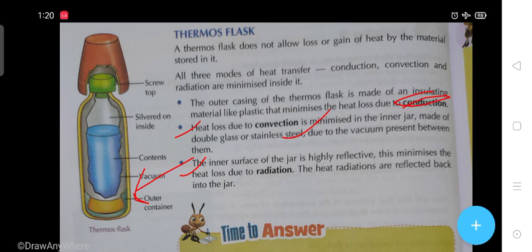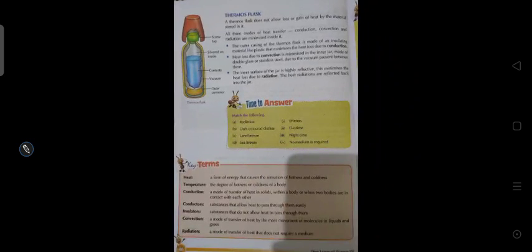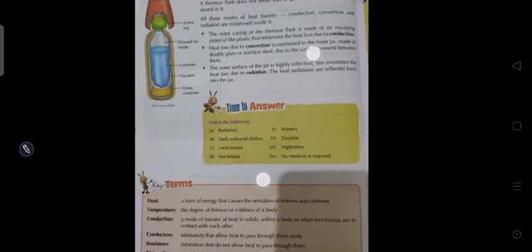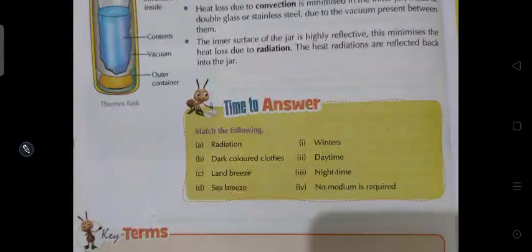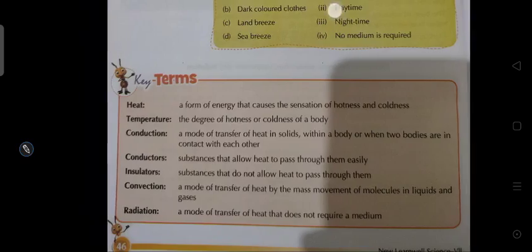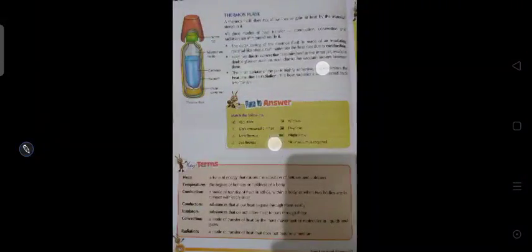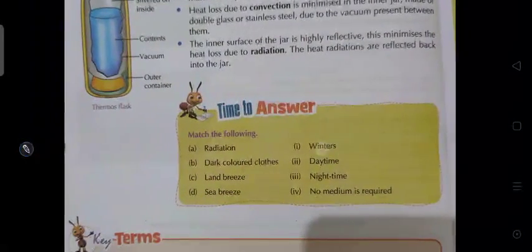It was the basic knowledge for you, and whatever I have taught you, you can see. This is the summary of the chapter, but before that, we will practice some questions.